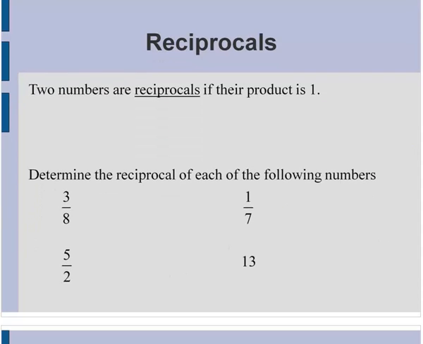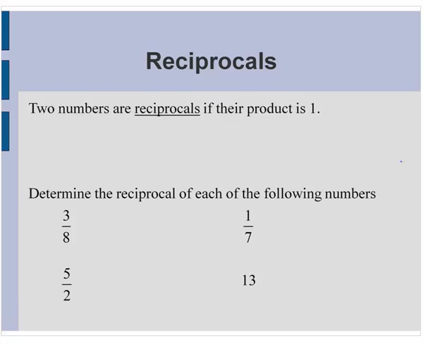Before we go to division, we have to discuss the concept of a reciprocal. Two numbers are reciprocals if their product is 1. So for example, 2/7 and 7/2 are reciprocals because 2/7 times 7/2 would be 2 times 7 over 7 times 2.